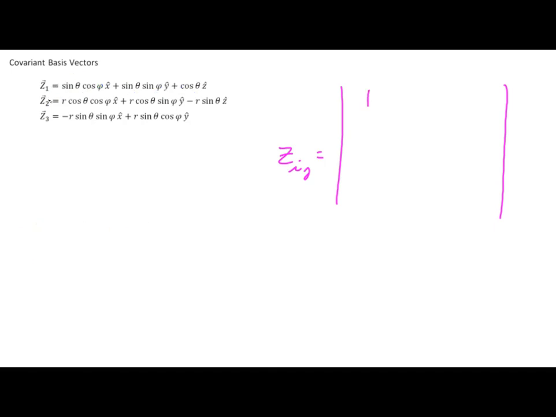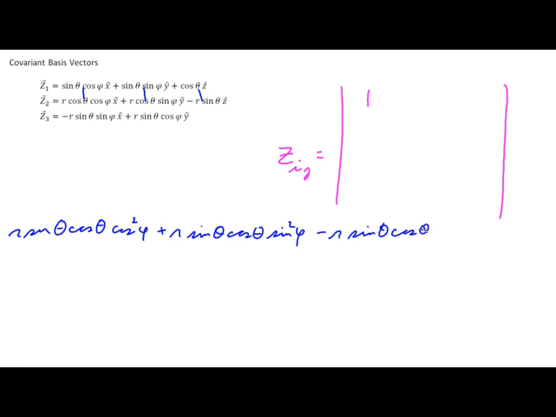Okay, now we take z1 dotted with z2. That means finding the product of these two terms plus the product of these terms plus the product of these. So that's going to be r sine theta cosine theta. In the first case, we'll have cosine squared phi. And here we'll have r sine theta cosine theta sine squared phi. And the last term is negative r sine theta cosine theta.